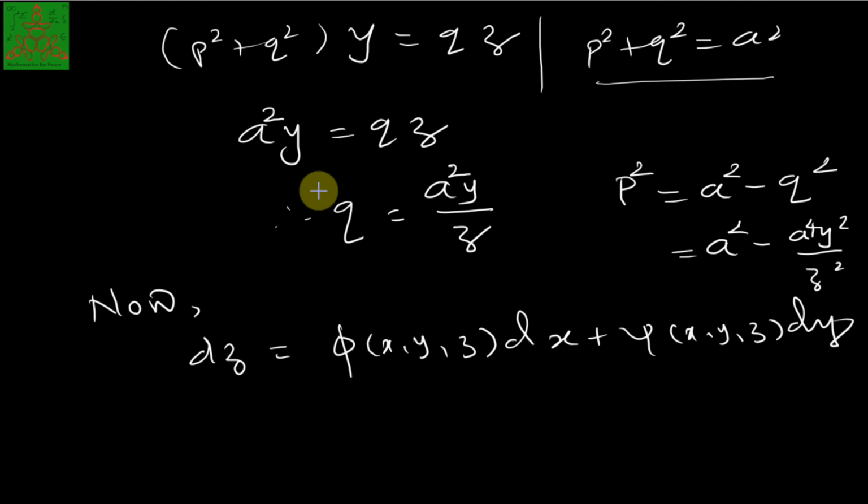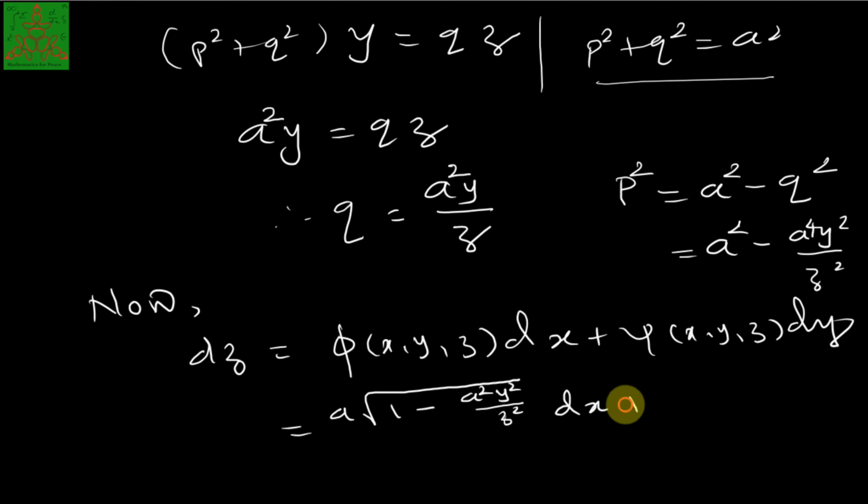The value of phi is nothing but whatever the value of p we have here. But here it is p square, so we will take the square root of this. If I take a common, the square root of a square gives me a, in the square root of 1 minus a square y square by z square dx, plus xi, the value of q, that is a square y by z dy.